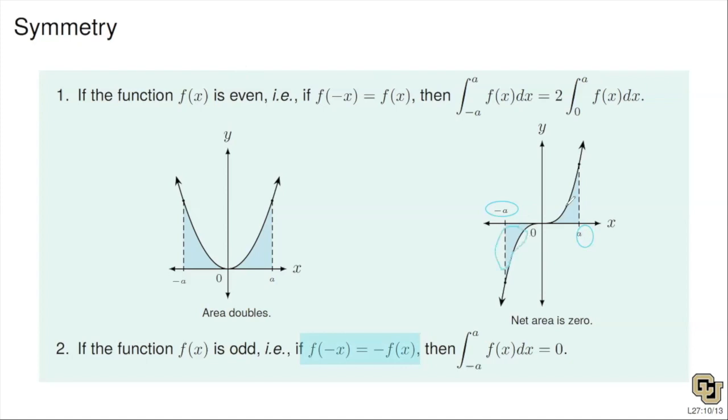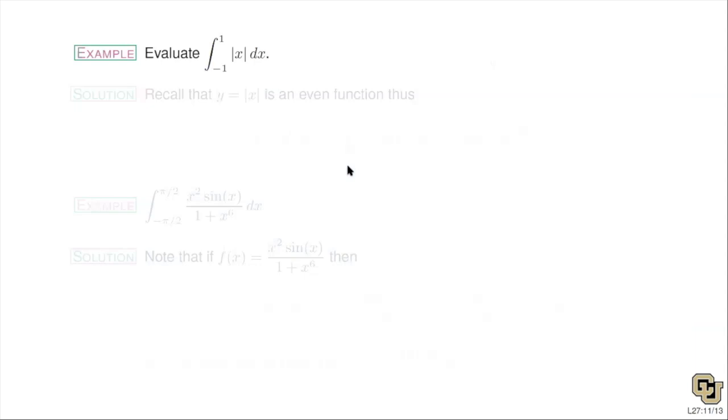And the net area on the right is a positive number. It's positive whatever area this is. And when you add the negative number to the positive number, they cancel out. And so for an odd function, if you're integrating from minus a to a, it's just 0. There's no need to even find an antiderivative and do f of b minus f of a. You can do all those things, but it should and will turn out to be 0, assuming we don't make any mistakes. So let me do a couple of examples.